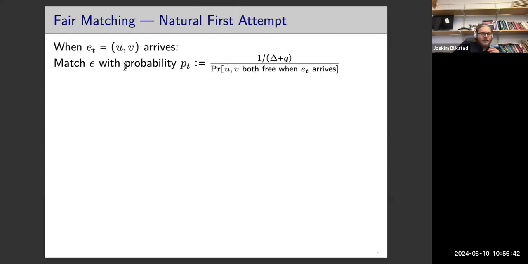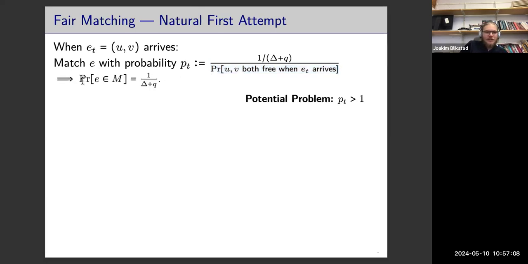When an edge arrives, either there's nothing to do, and then we don't do it, but if possible, we want to match it with this probability, and we scale it up by this conditional Bayesian approach, by the probability that U and V are both free at this point in time. And if you do this, the probability that E will be in the matching in the end will be exactly what we want.